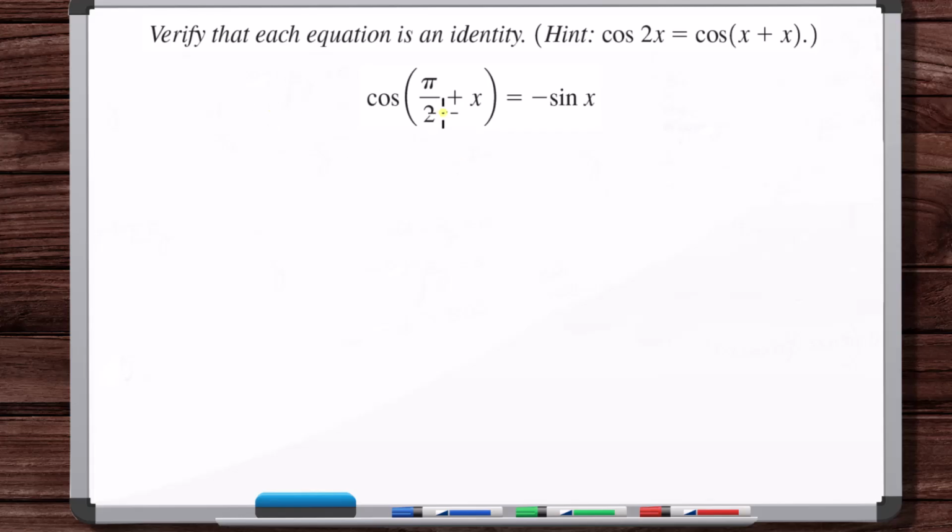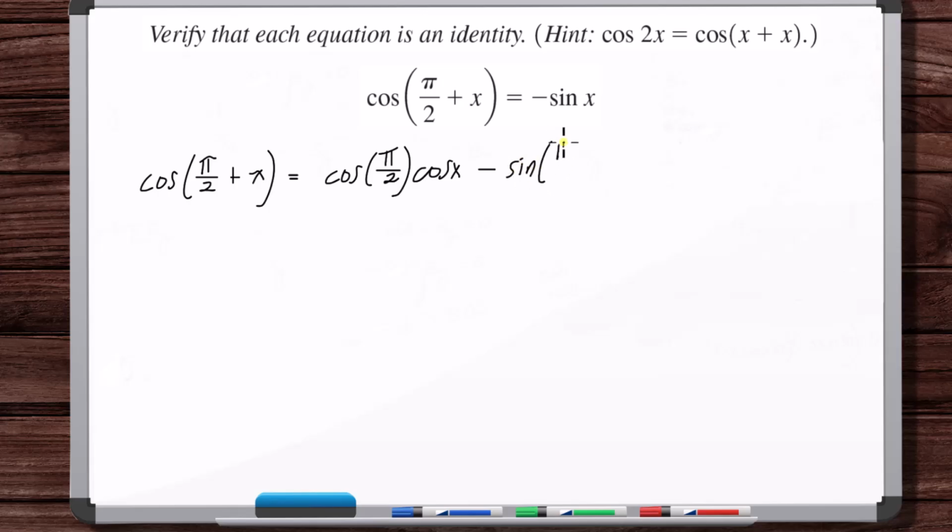So let's expand this out. Cosine of pi over 2 plus x is equal to cosine of pi over 2 cosine x minus sine of pi over 2 sine x. Cosine pi over 2 is 0, sine pi over 2 is 1, and so there you go. That verifies the identity.